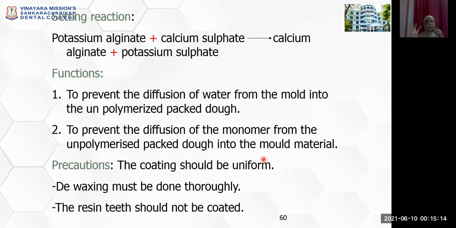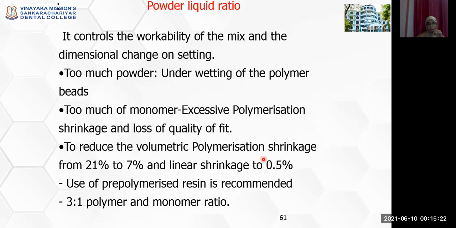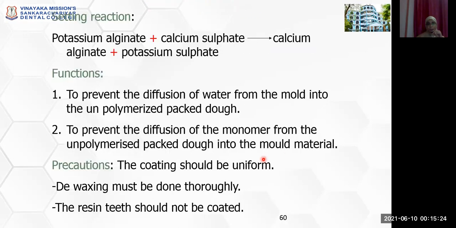The main setting reaction: this alginate will react with the calcium sulfate in the plaster of Paris to form calcium alginate, and potassium sulfate comes out. So this acts as a layer over the mold space.